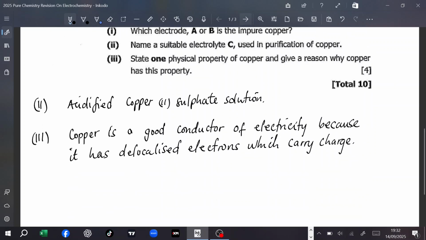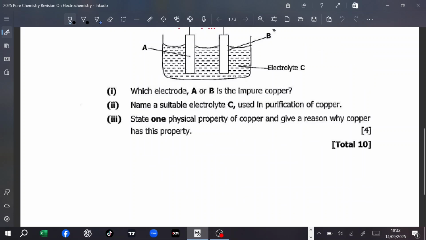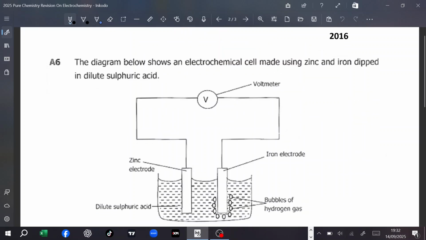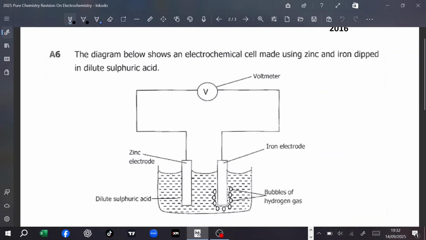Then there's another question which came in 2016, this one here. This one is also from electrochemistry. This question, A6, says the diagram below shows an electrochemical cell made using zinc and iron dipped in dilute sulfuric acid.